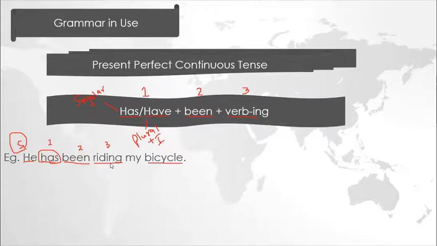Now what does this mean? The meaning of this sentence is that he has been riding my bicycle, something which started off in the past and is continuing till the present.